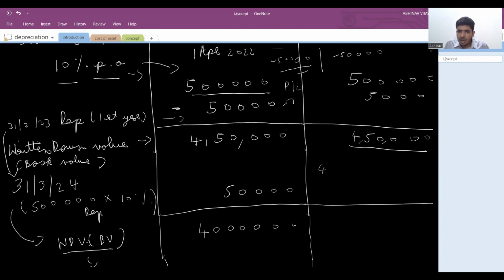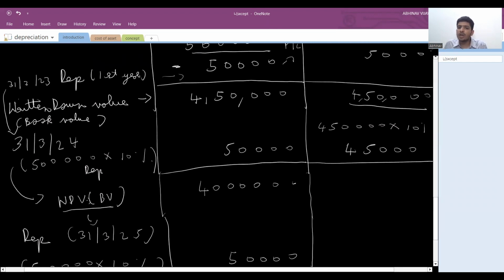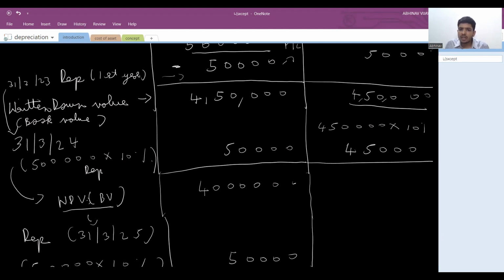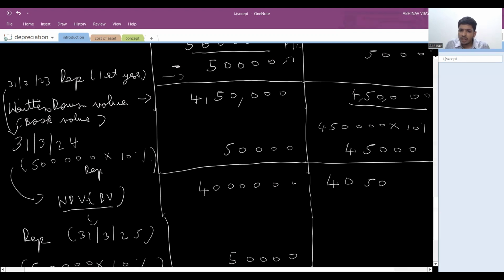So 4,50,000 into 10 percent, that is 45,000, is the depreciation for year 2 under the WDV method. Now, what is the written down value or book value at the end of year 2? Same, 4,50,000 minus 45,000, which is 4,05,000.